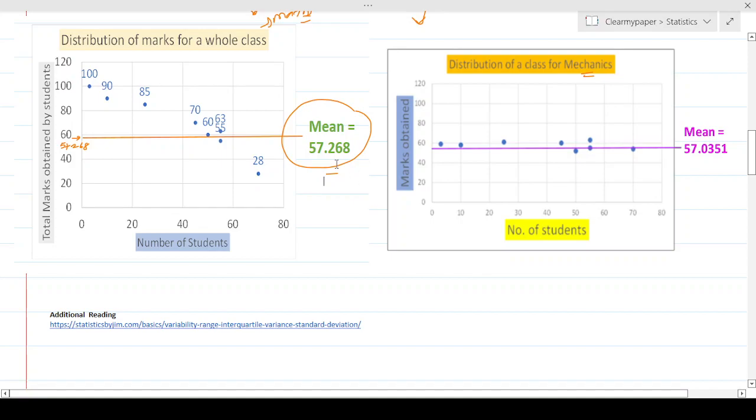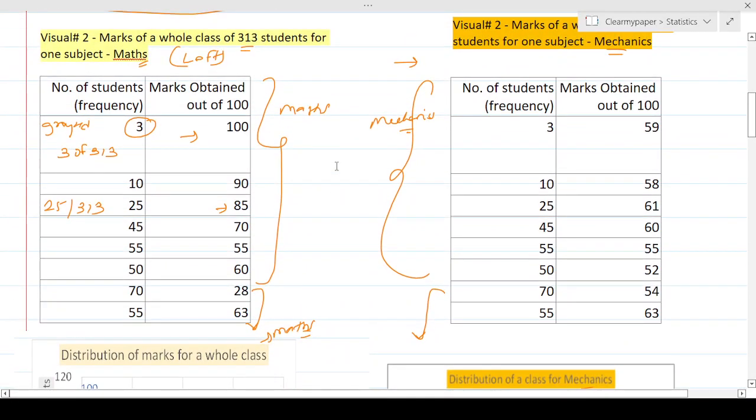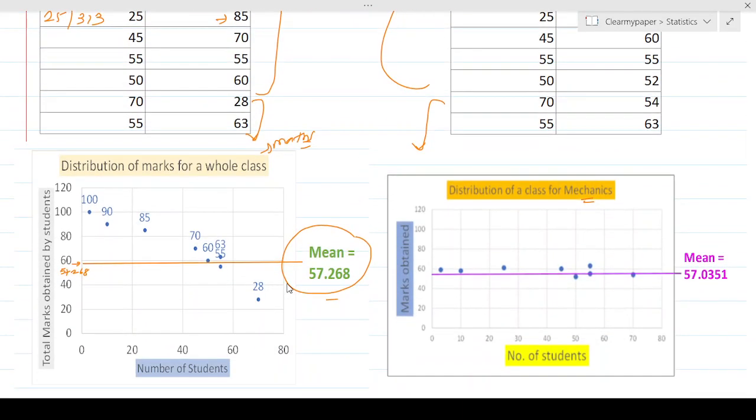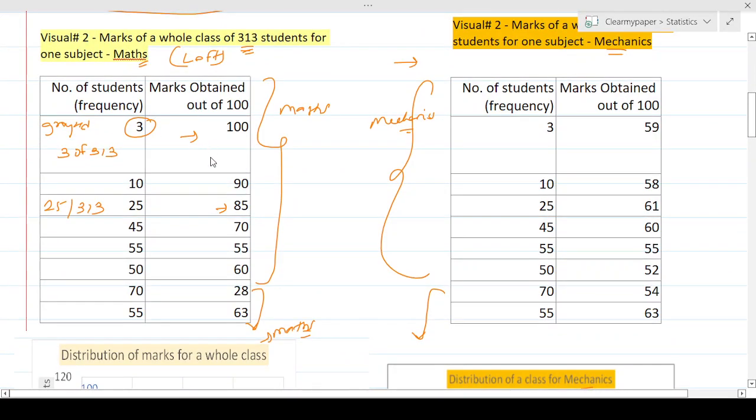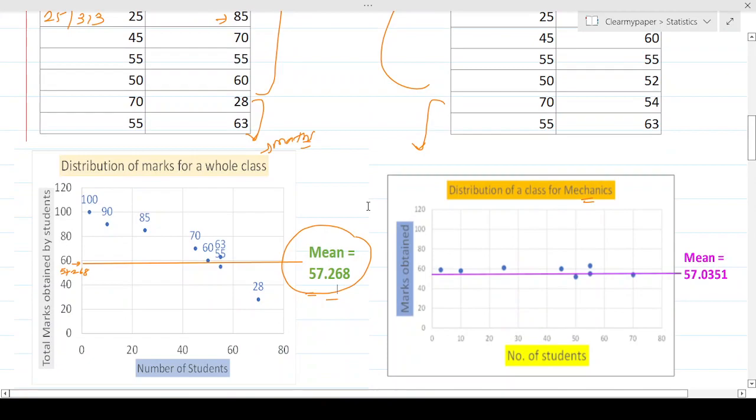So what this arithmetic mean of 57.268 implies is that we can think that every single student in this class of 313 on average scored 57.26 marks. That's what it means. So we don't have to go through the different distribution of the marks, but we can assume that every single student has scored 57.268 in mathematics.